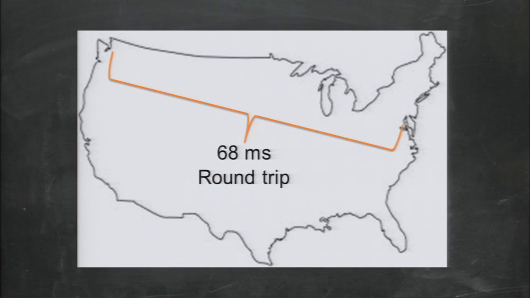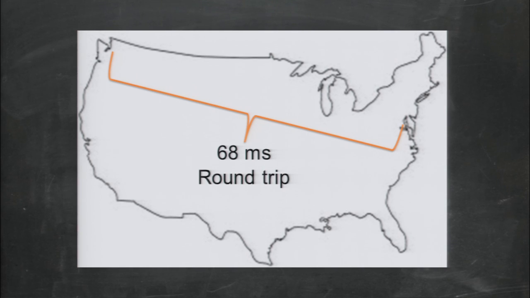Another reason why you might want to use CloudFront is if you're sensitive to the latency that it takes to get objects from S3. For example, the round-trip latency from Seattle to Washington, D.C. is typically about 68 milliseconds. It varies sometimes depending on the internet and how the routes are set up, but this is about a typical round-trip time.